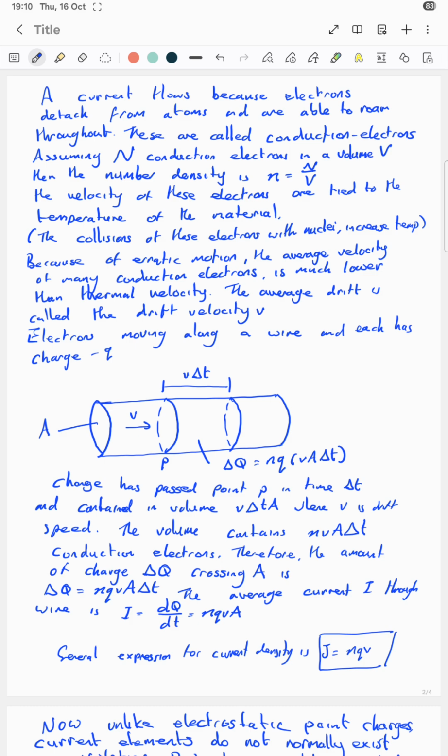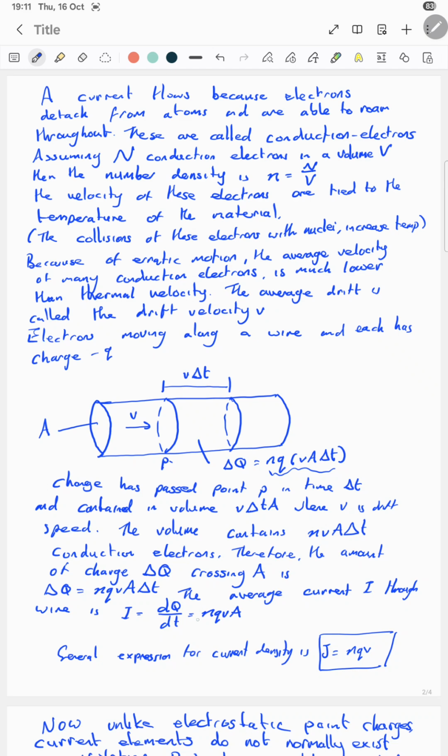Electrons moving along a wire each have charge negative q. Diagrammatically here, over a small increment of time, the charge has passed point P in time delta t, and is contained in the volume v delta t A, where v is the drift speed, and the volume contains n v A delta t conduction electrons.